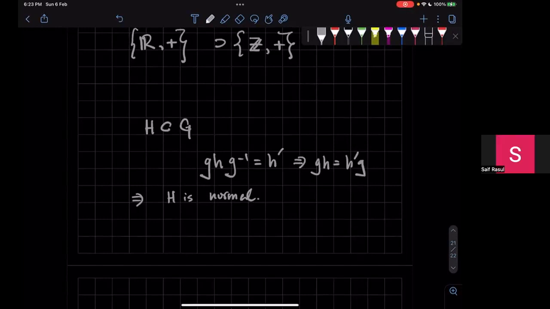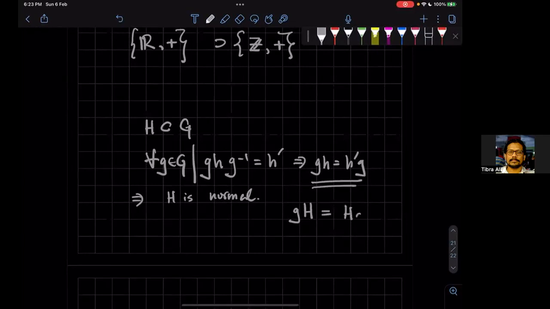So it's for all G. This has to be true for all G, and for all H. So this equation can be written like this for all G. So in other words, if the left cosets are equal to the right cosets, then the subgroup that you're using to construct those cosets is a normal subgroup.